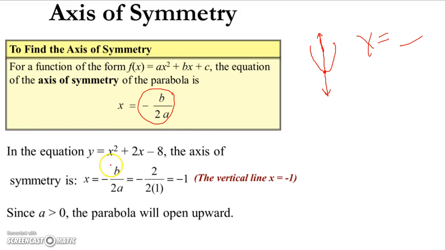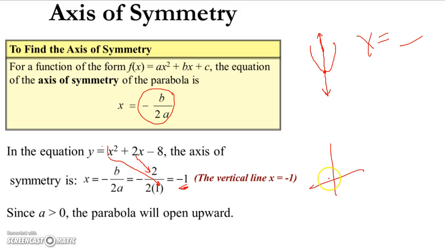So in an equation y equals x squared plus 2x minus 8, you get the vertical axis of symmetry by simply taking your minus b over 2 times a. So b is 2 and a is 1. Calculate that, and in this case you get your axis of symmetry at x equals minus 1.